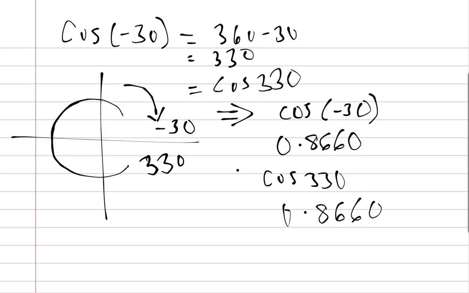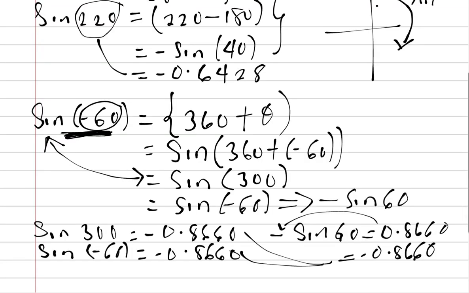So this is what I'm trying to say in essence: the negative, you can see the negative, and the positive is just down here. Look at the sine example we did there too. We started with sine minus 60, and we said that minus 60 is in this place.